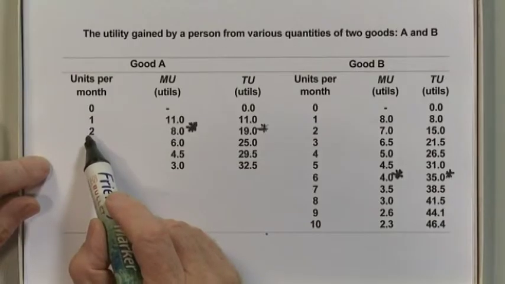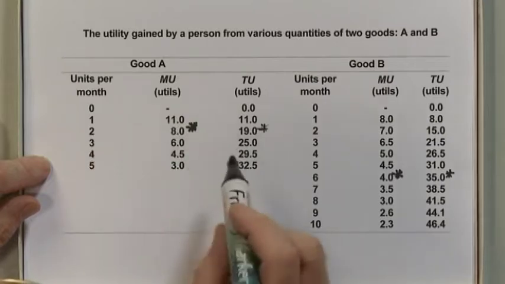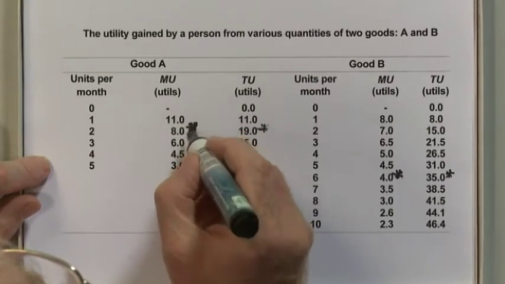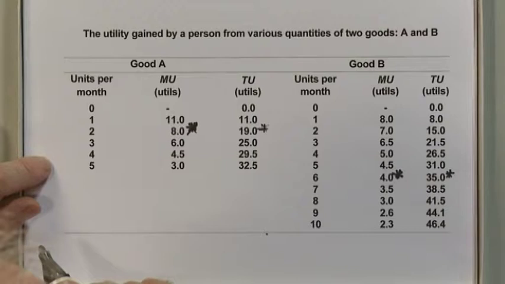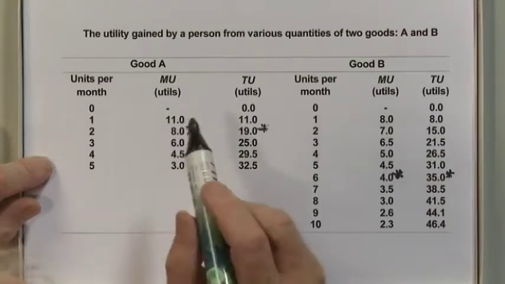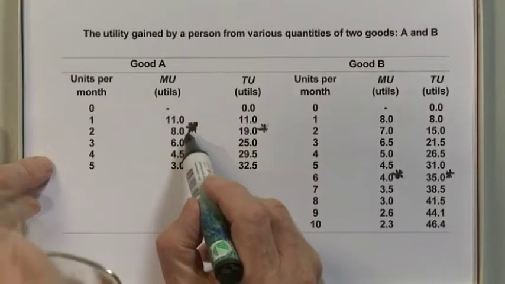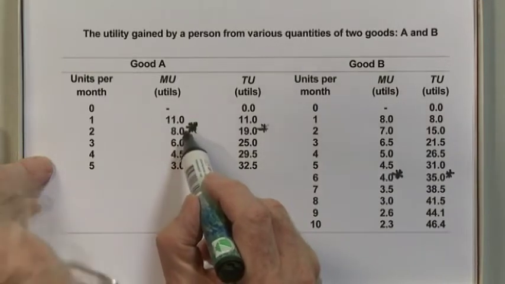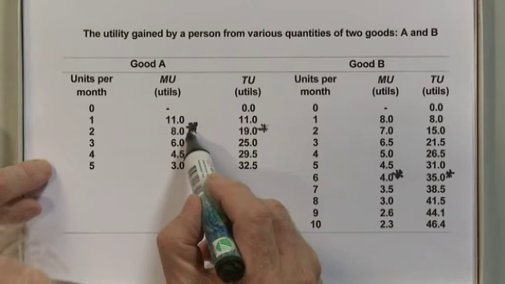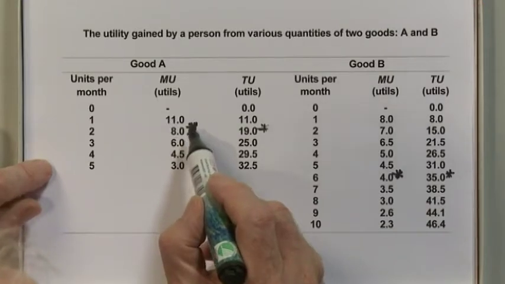Let's come back to the figures and see that. The last unit of A that you bought gave you 8 degrees of utility, but it cost you £2. So the marginal utility of the last pound that you spent on A got you 4 degrees of utility.